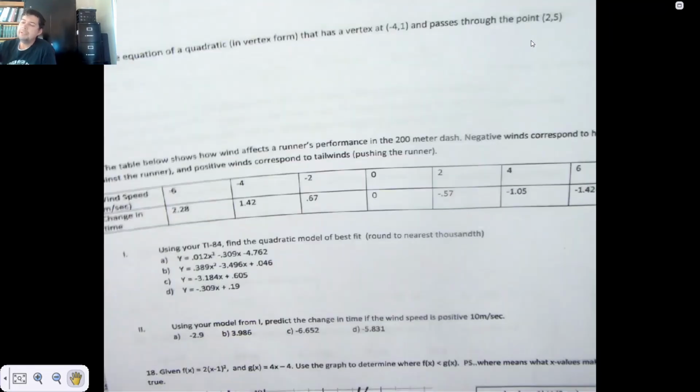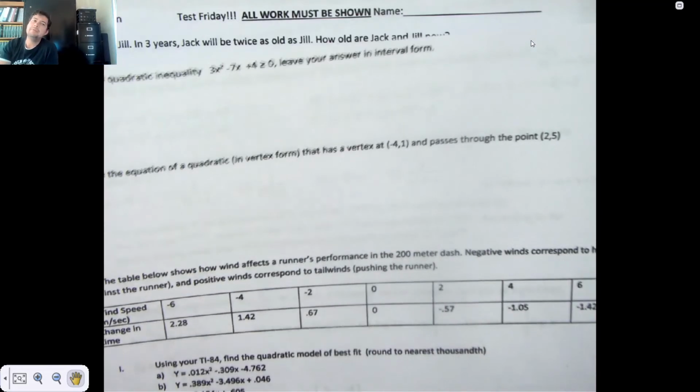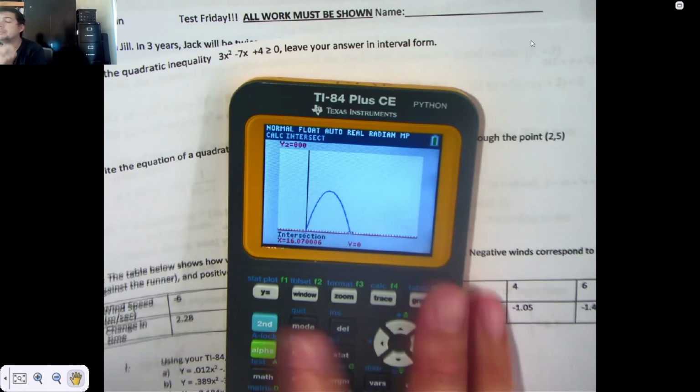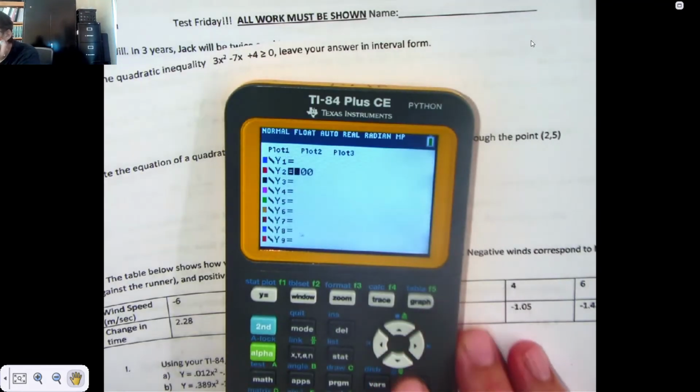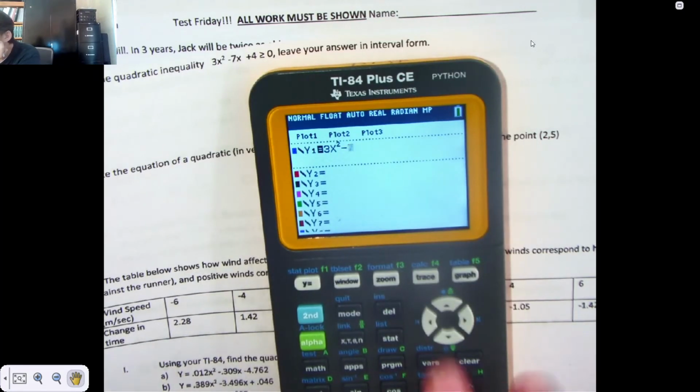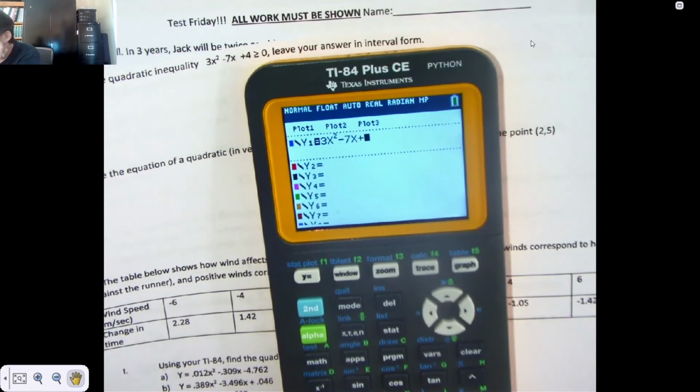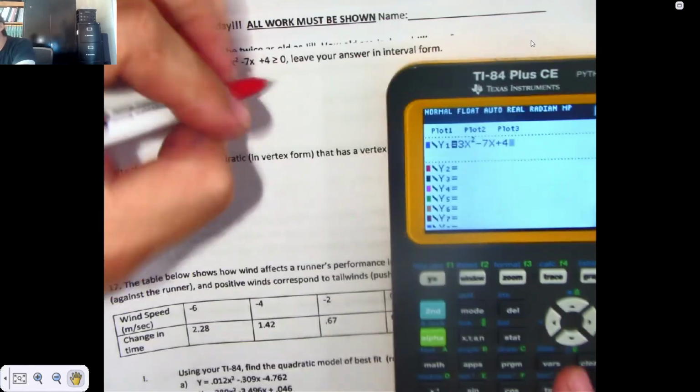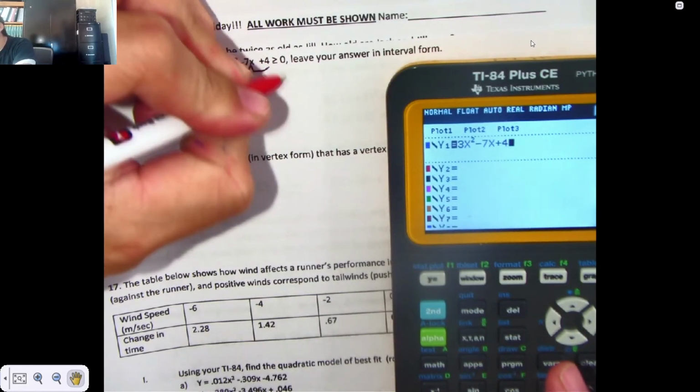You can even do 15 in a TI-84. This is the one straight out of your notes that I taught today. It's Monday, by the way, when I'm doing this. This one came straight from notes. You Y1 it, and you Y2 it.